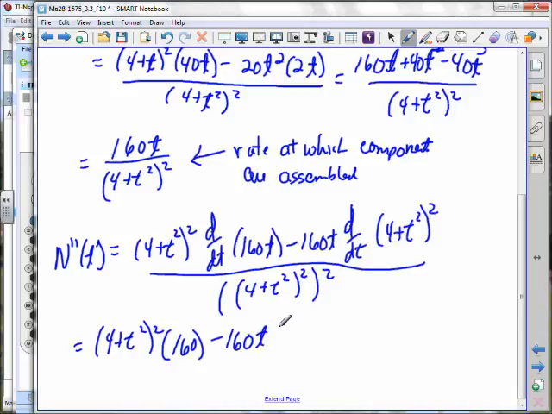What might make this work a little easier? Anyone do something different to start this? I'll tell you, if I squared that binomial, it might have made it a little easier. Did anyone try that? You might want to.